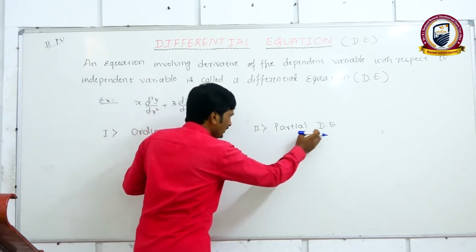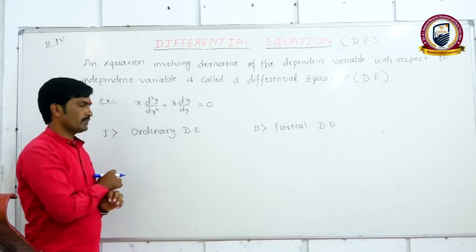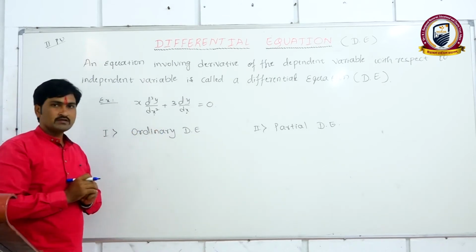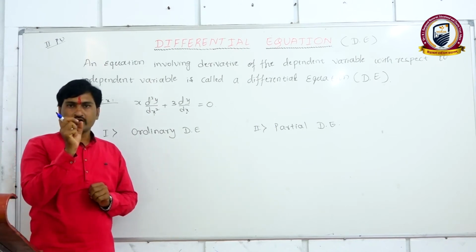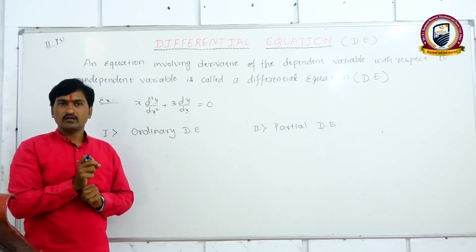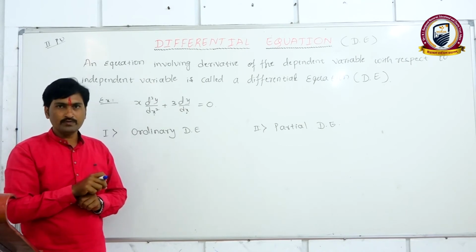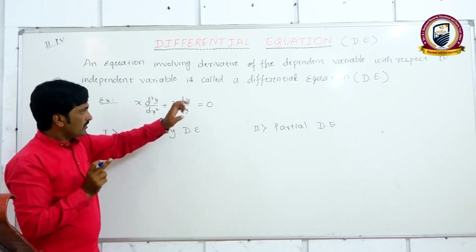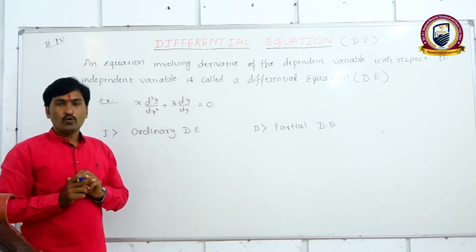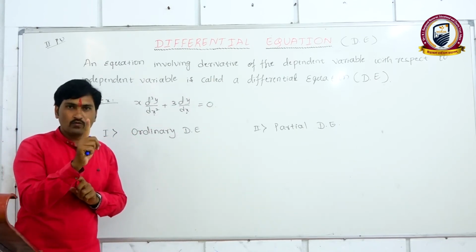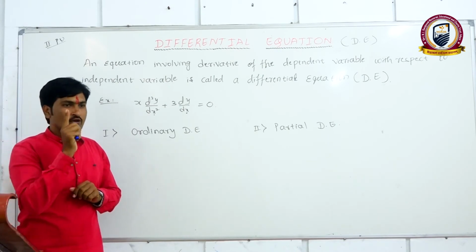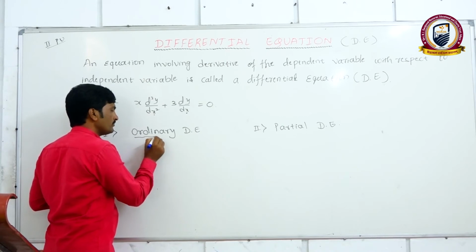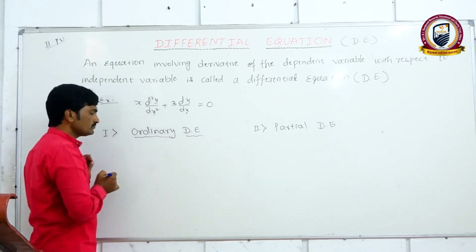These two are the differential equation. An ordinary differential equation means an equation involving derivative of the dependent variable with respect to only one independent variable is called an ordinary differential equation.